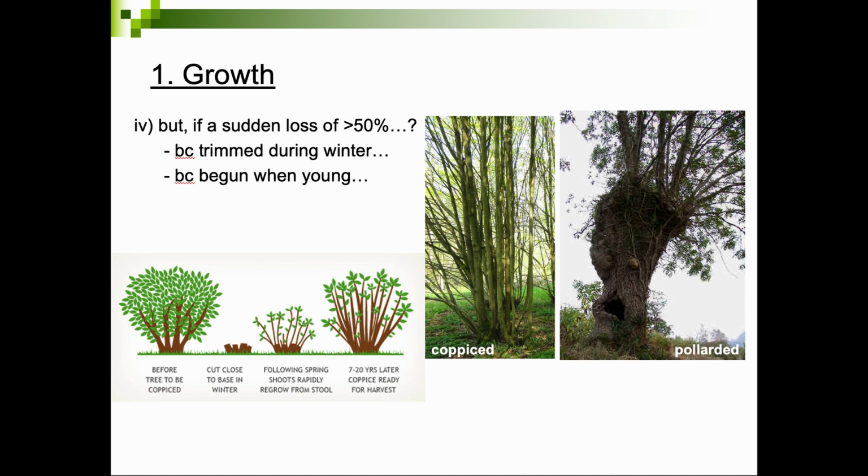Much easier to work with than irregular branches of different, more mature trees. So you might be wondering, how do these pollarded or coppiced individual plants survive? If you remember, all of their photosynthetic tissue is removed.